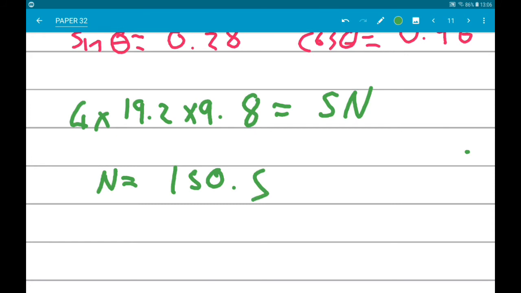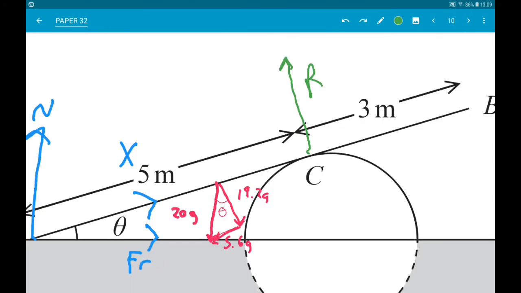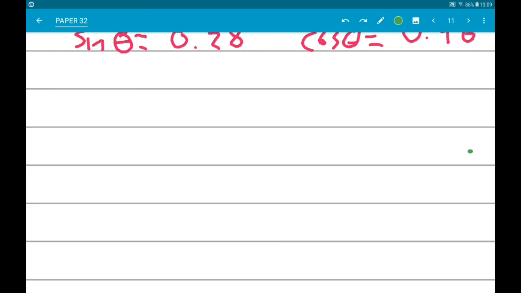Alright, now that may not seem useful yet. So, the moment through the centre of the rod is 4 times 19.2g. Now, I'm going to use g as 9.8.